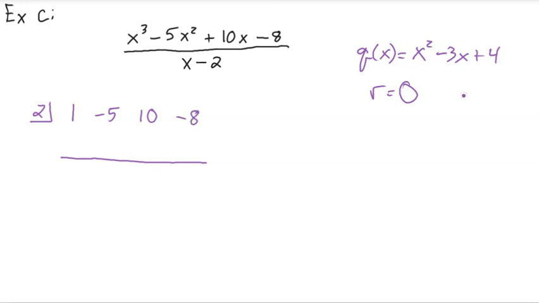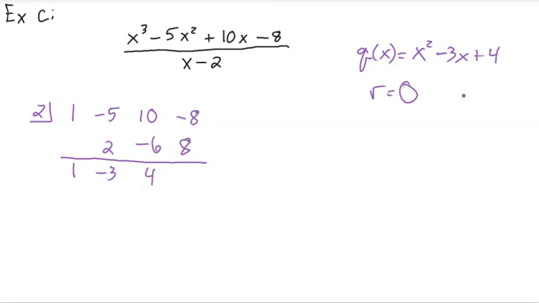I've done my setup. Now I'm going to do the execution. I'm going to bring the 1 all the way down under the line. I'm going to multiply 1 times 2, which is 2, and I'm going to put it here. 2 plus negative 5 is negative 3. Negative 3 times 2 is negative 6. Negative 6 plus 10 is 4. 4 times 2 is 8.